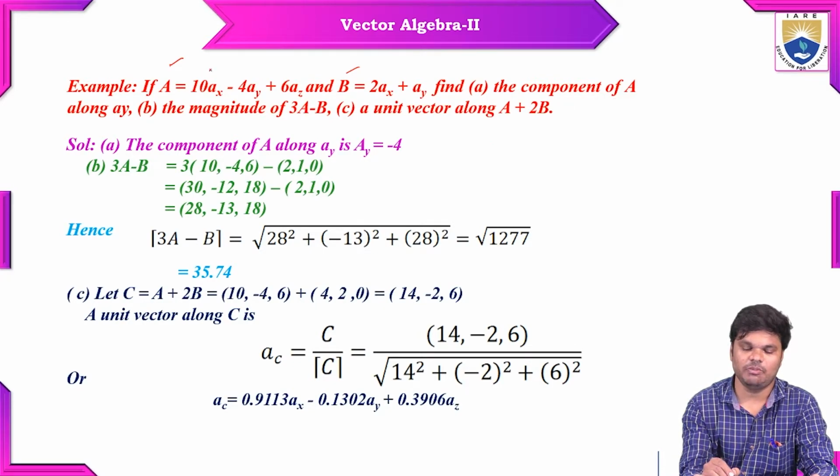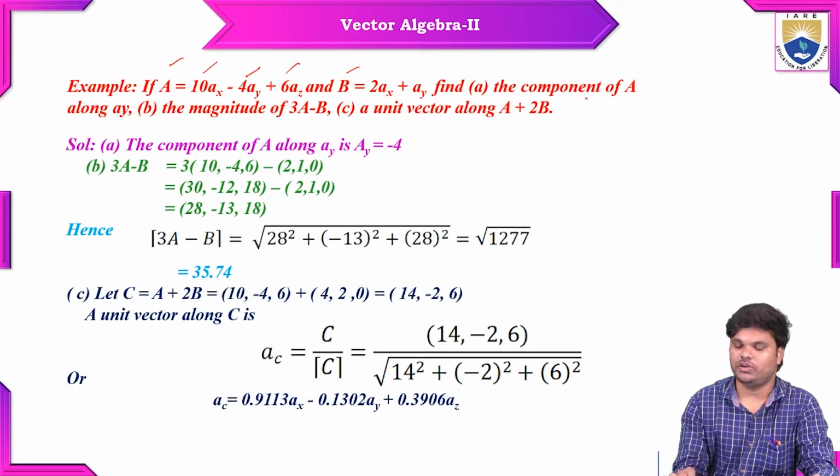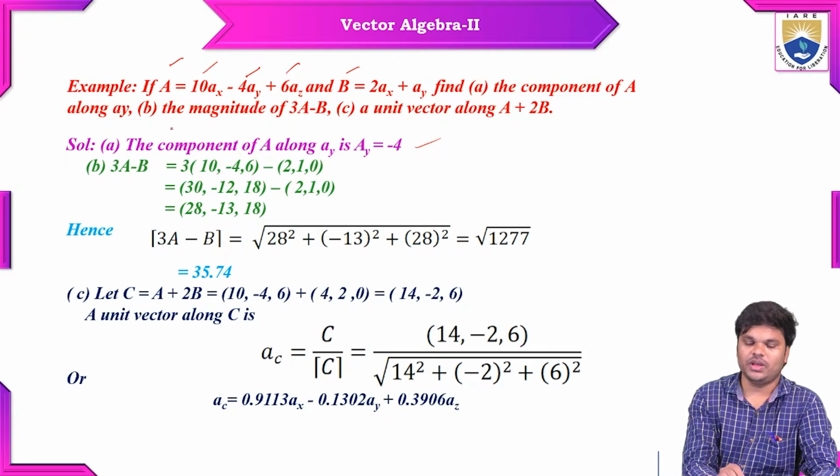This vector has its components along ax, ay and az. Along ax it has component 10, along ay it has component -4, along az it has component 6. Since we are asked for the component of A along ay, it is -4. And we are also asked to find the magnitude of 3A minus B.